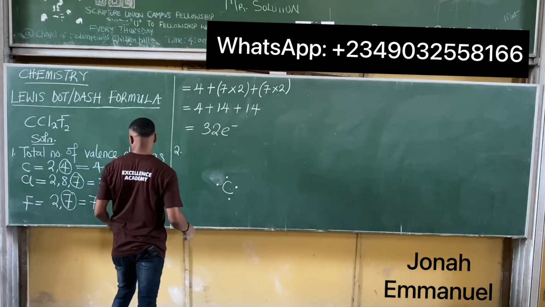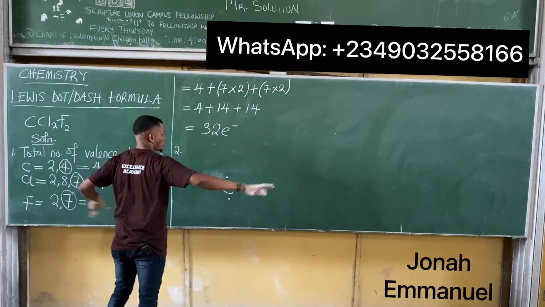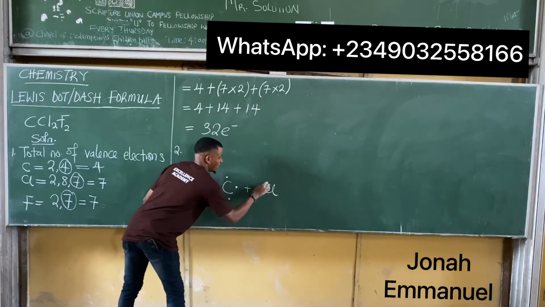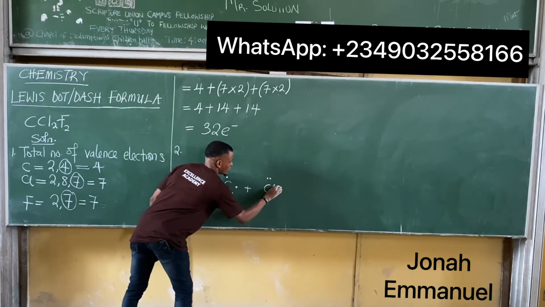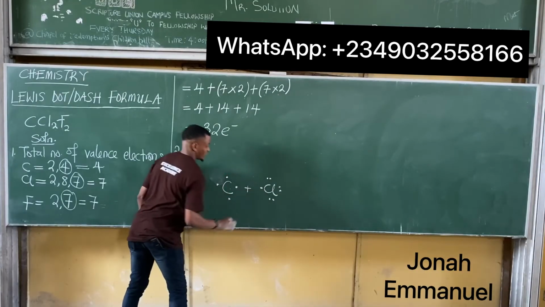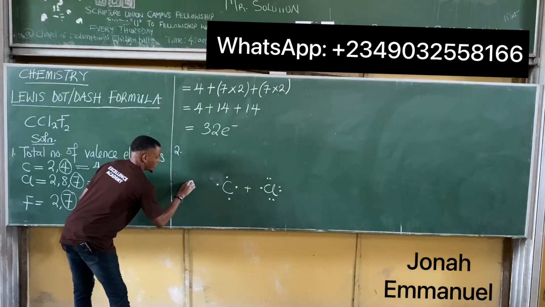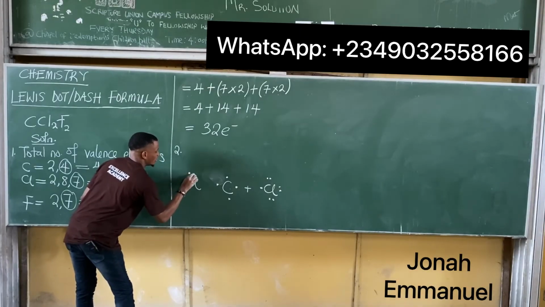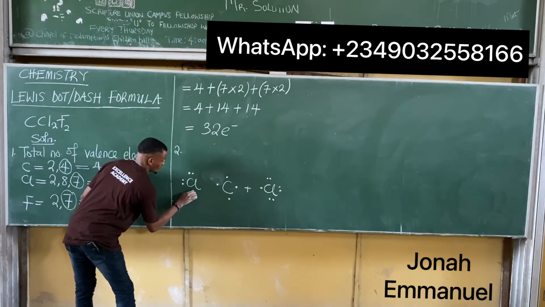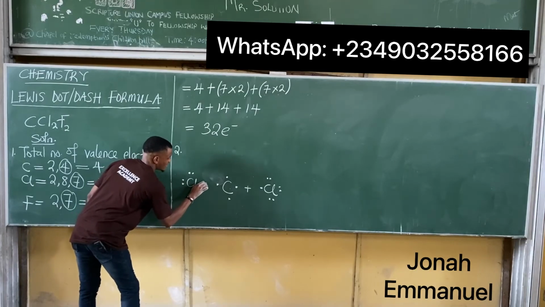I'm going to put chlorine at the horizontal side, with 1, 2, 3, 4, 5, 6, 7.